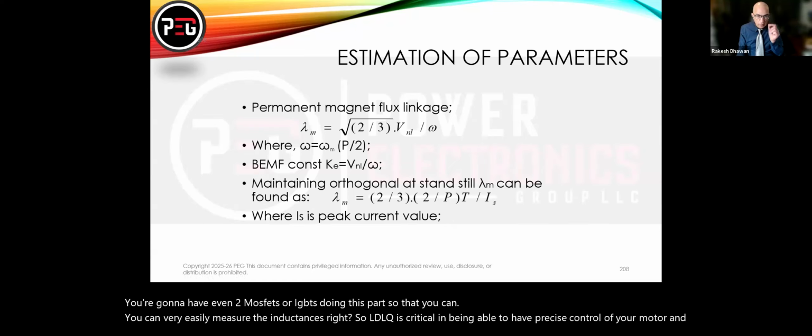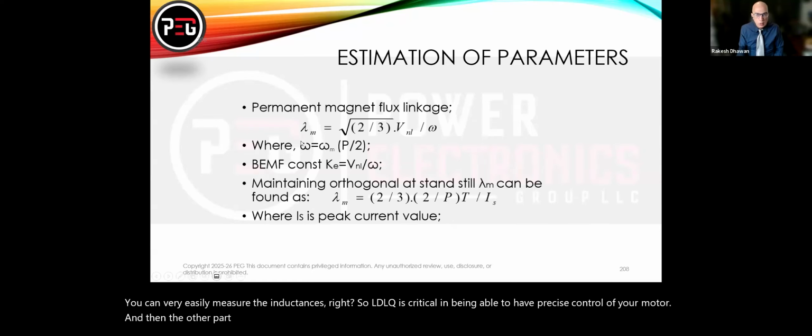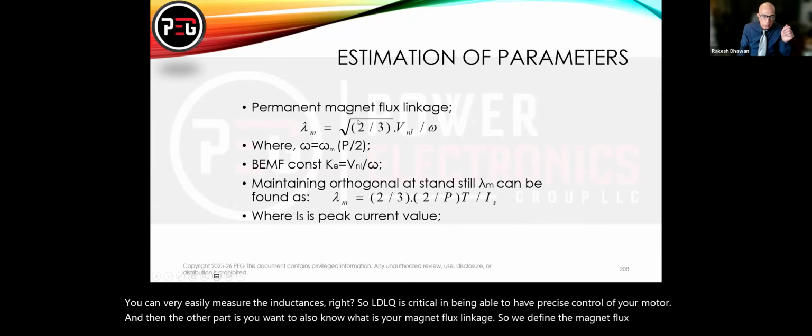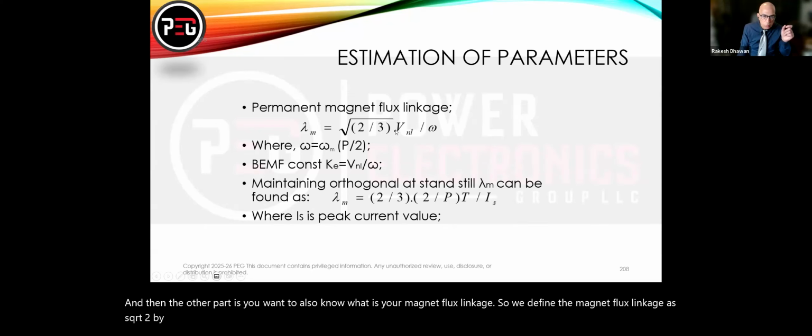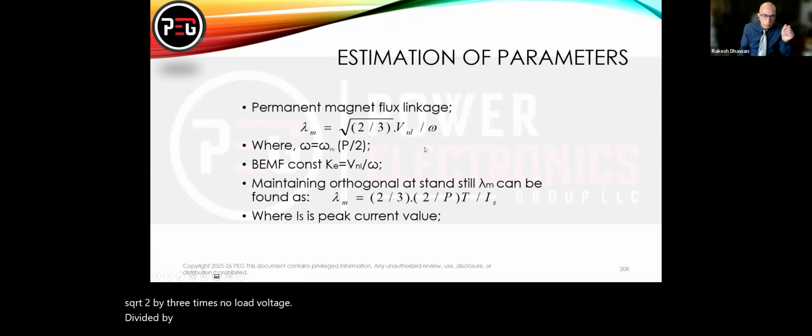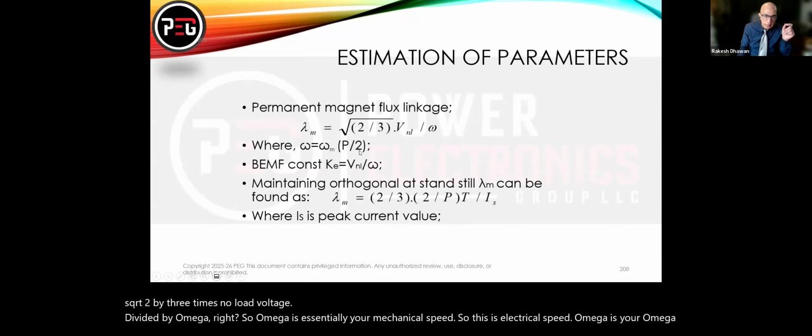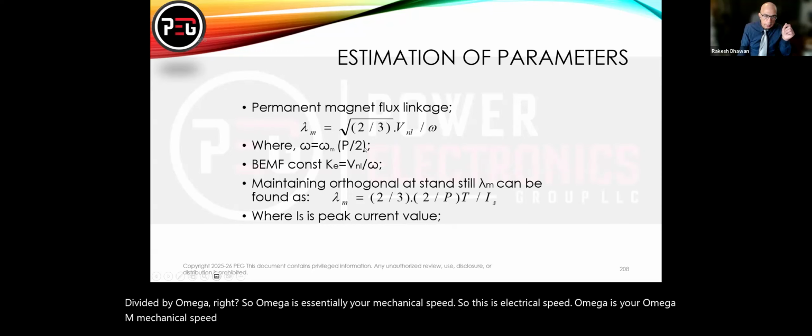And then the other part is you want to also know what is your magnet flux linkage. We define the magnet flux linkage as square root of 2 by 3 times no load voltage divided by omega, right? Omega is your electrical speed, which is your mechanical speed omega M times 4 pole pairs, right?